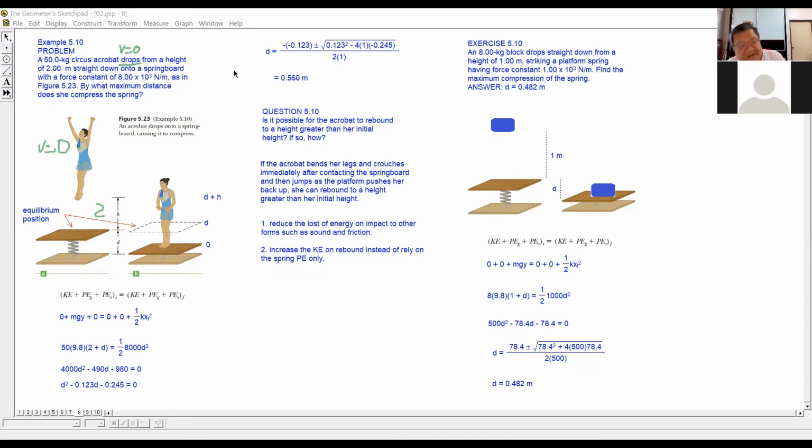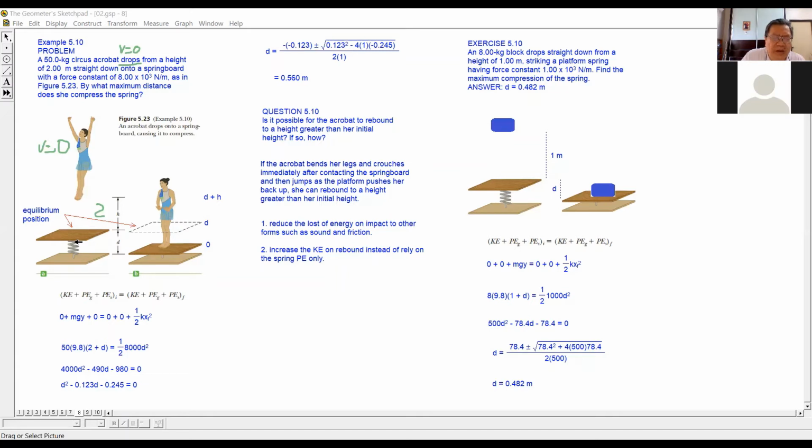Yes, sir. So what we want to do is this person drops down, we want to calculate the potential energy, right? And this potential energy is converted into the spring potential energy. Because at first her velocity is zero. Finally, when the spring compresses, she will come to a stop. Also, the final velocity is zero, right?